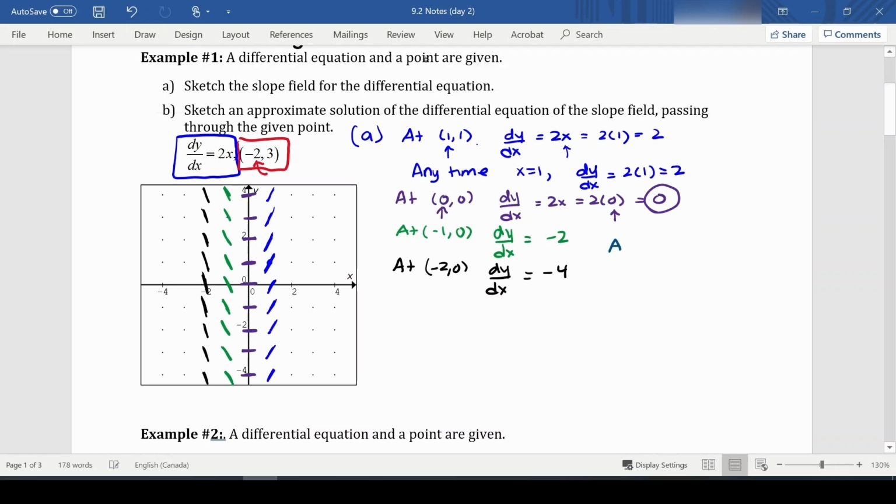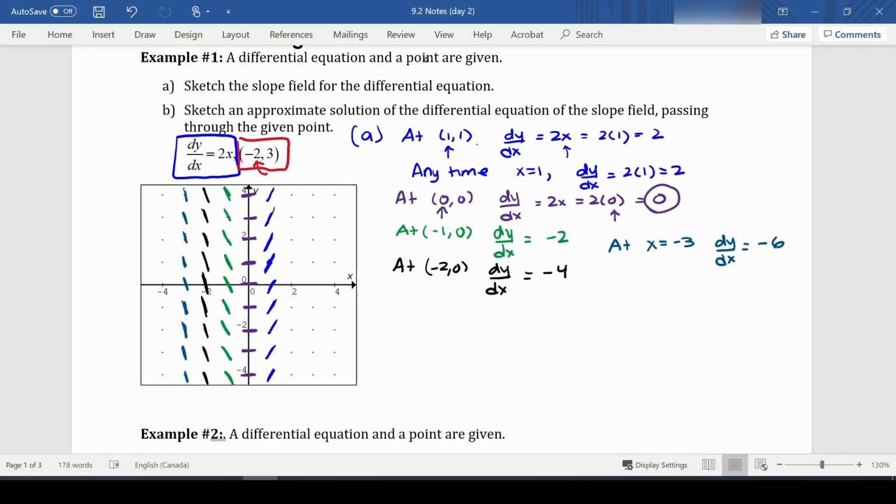If x is -3, then dy/dx is going to be -6. So this is going to be super steep. You can see it's even steeper than the black one, but eventually it's hard to do them by hand so that they actually look accurate.